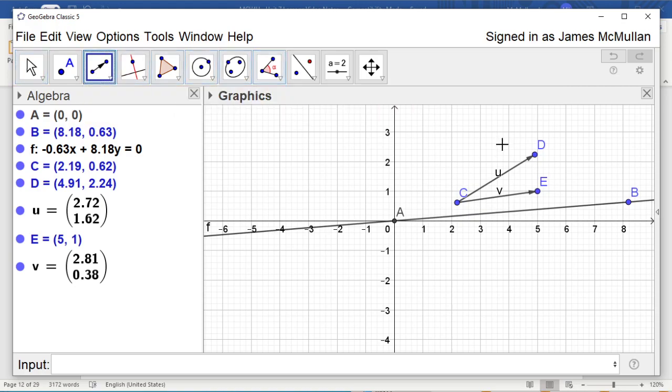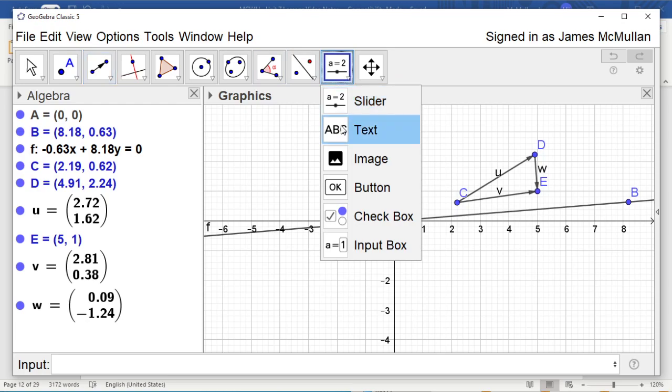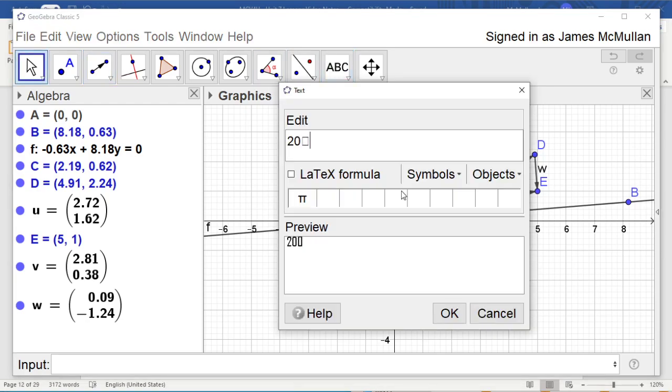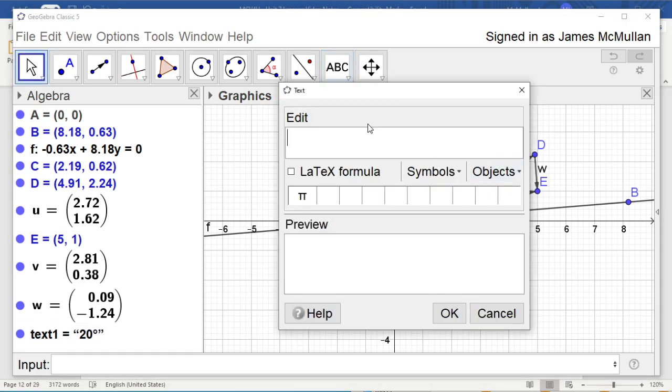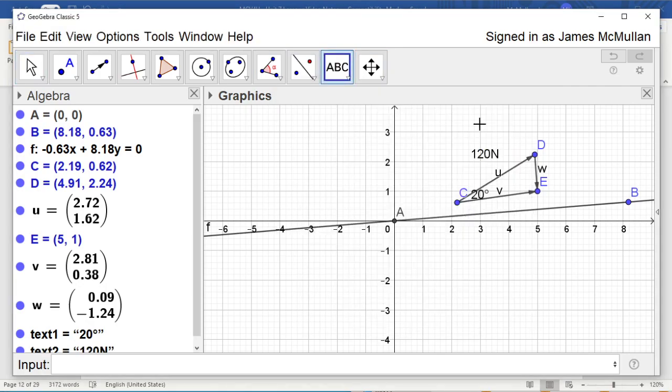If you think about this triangle, we know that the little bottom corner is 20 degrees, because the question said that, right? And we also know that he's pulling with a force of 120 newtons, which is all of his force, pulling in this up and to the right direction.